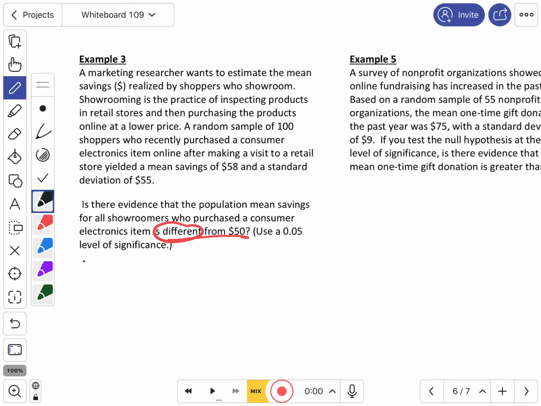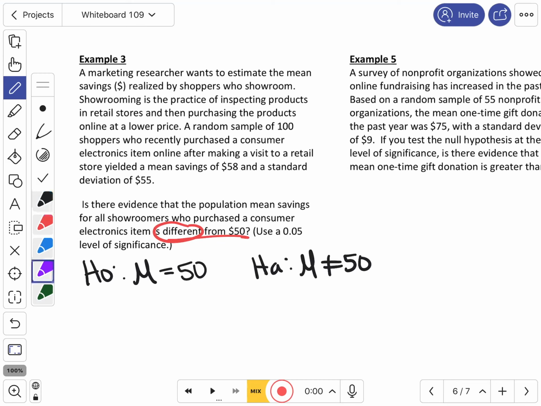And so when we establish the null and alternative, H0 is that mu is equal to $50, and HA is that mu is not equal to 50. And so when we do this, again, we're going to identify the statistics that were given to us.